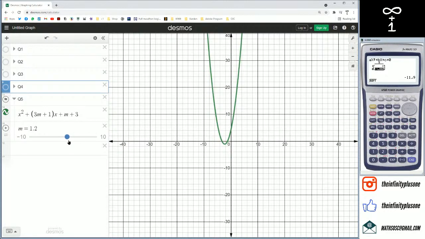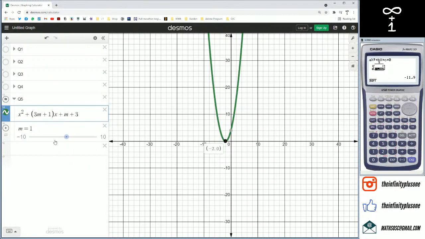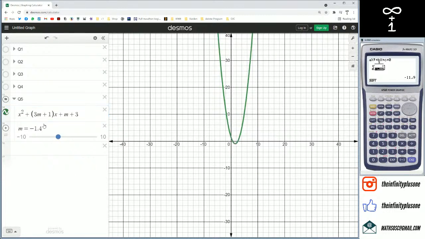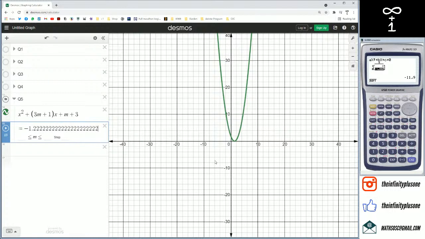When it equals 1, it touches the x-axis, and then negative 11 over 9, which is around 1.22, I think you guys said. Let's try that. Yeah, it's close enough. There we go. It's touching it there.